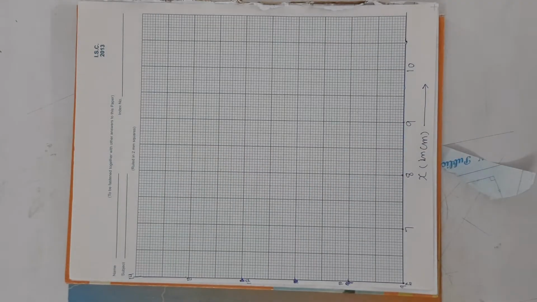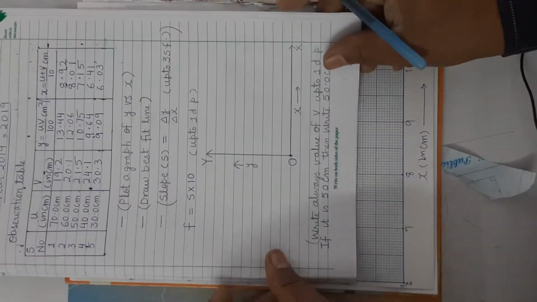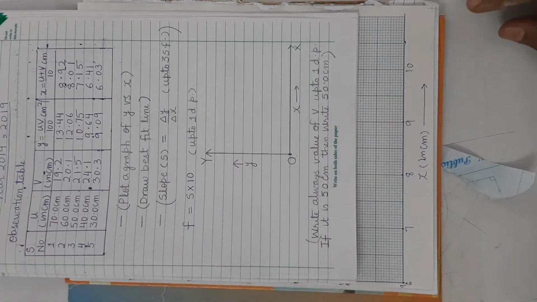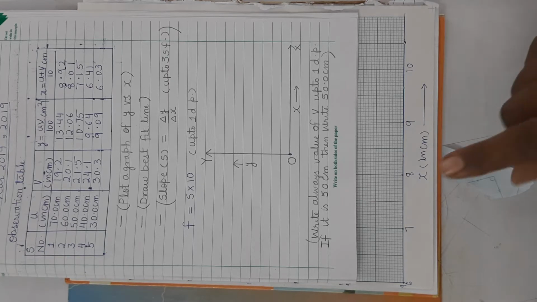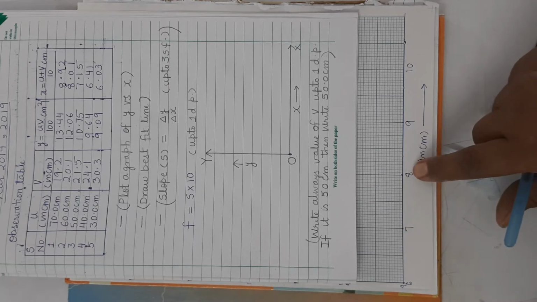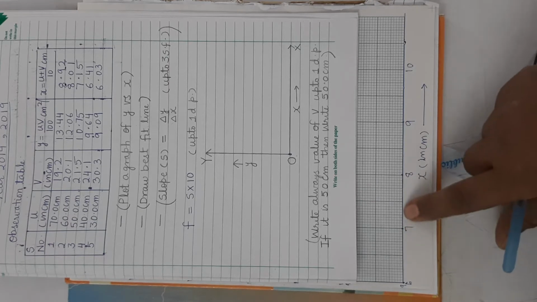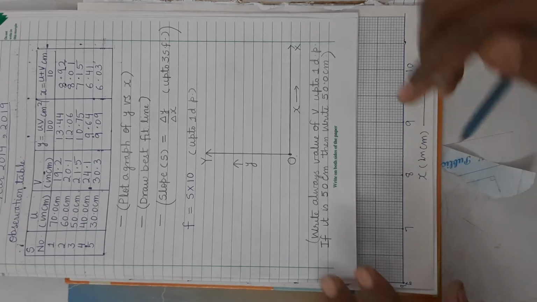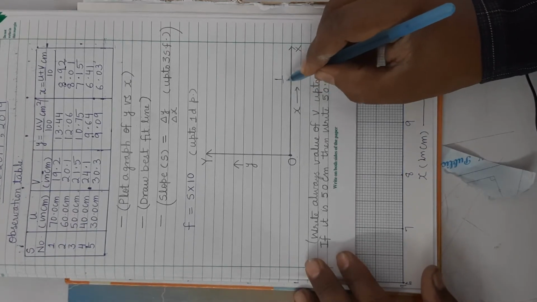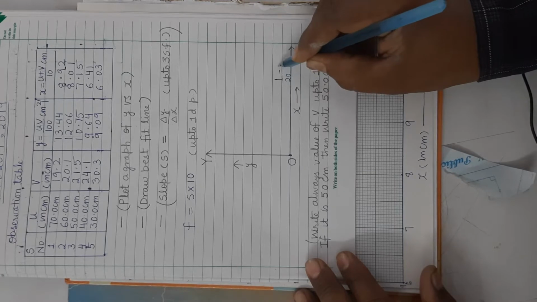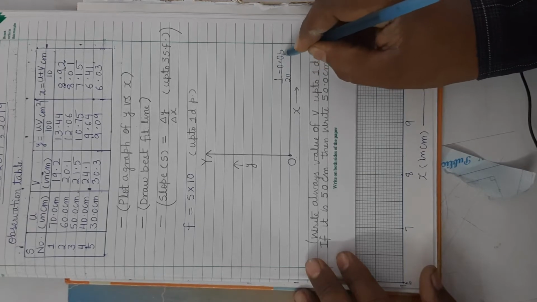Now you find out the least count. What is the least count along x-axis and along y-axis? So you can see here there is the difference of 1 unit and there are how many divisions? 20. So value of each division will be 1/20, that is 0.05.